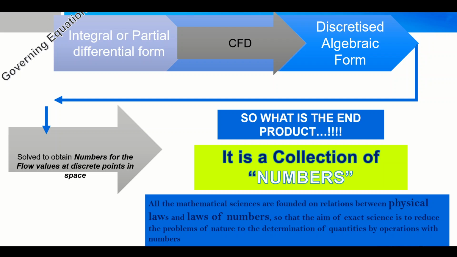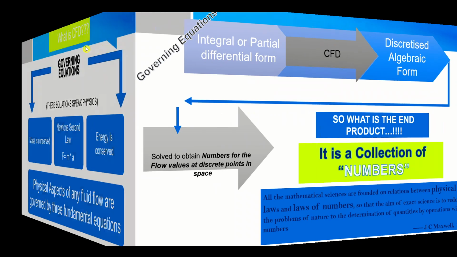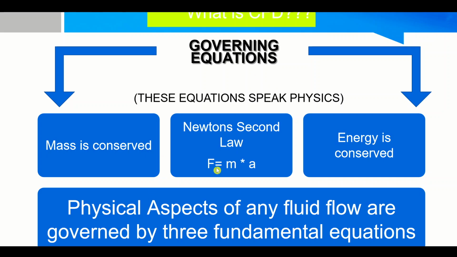Now, the governing equations are present in integral and partial differential forms. And one more thing which I missed telling you over here: the first two equations combined together, that is, the momentum equation and the continuity equation combined together, are called the Navier-Stokes equations. All right, just remember this.